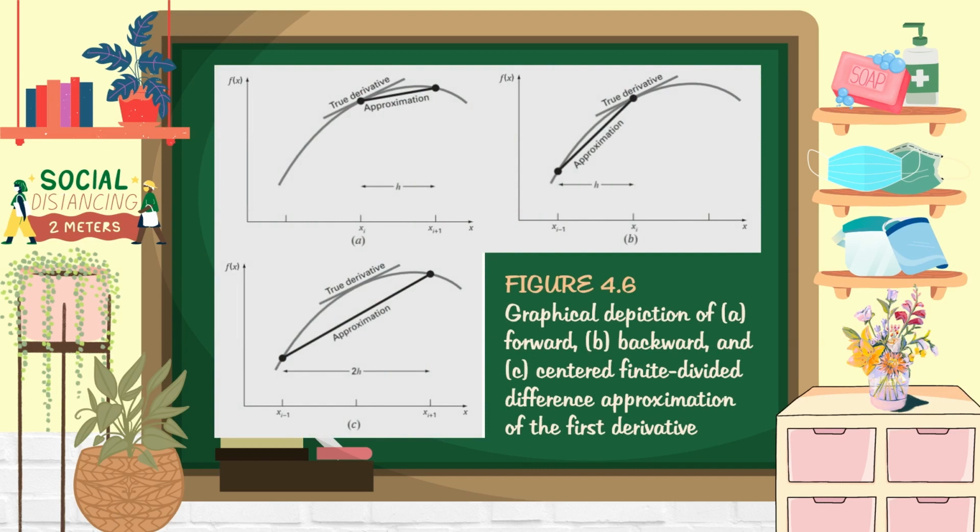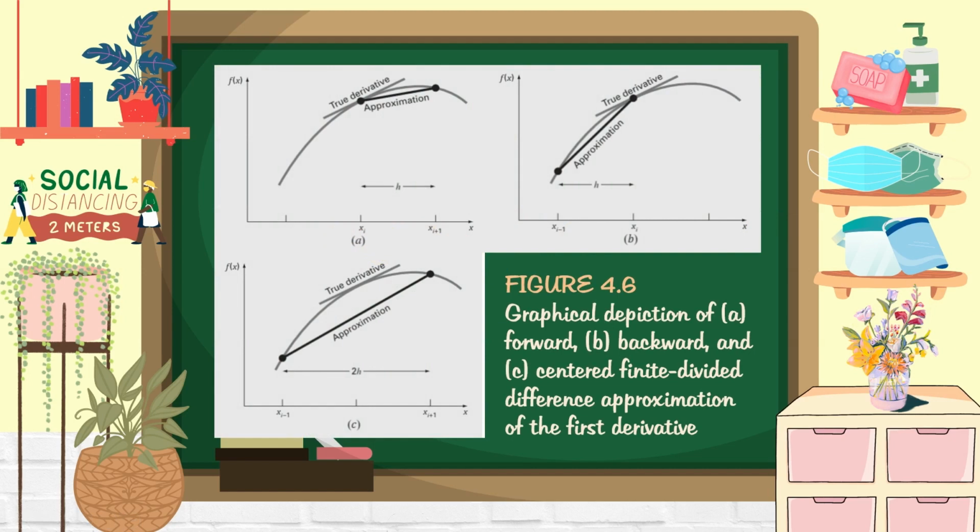So we have here figure 4.6, the graphical depiction of a forward, backward, and center finite divided difference approximation of the first derivative. It is termed a forward difference because it utilizes data from x_i and x_{i+1} to estimate the first derivative as shown in figure 4.6a.